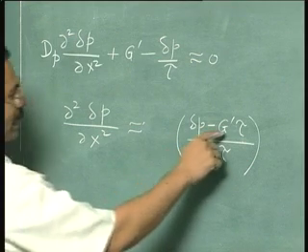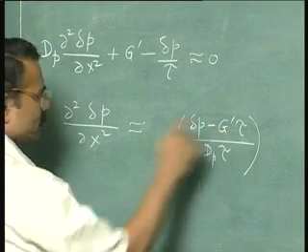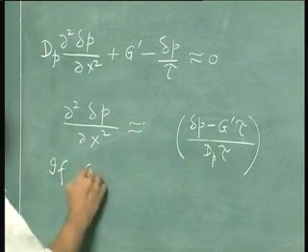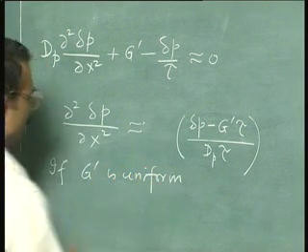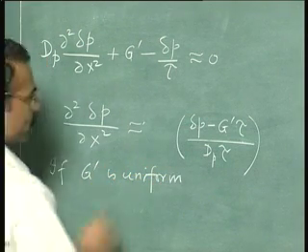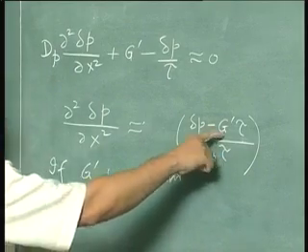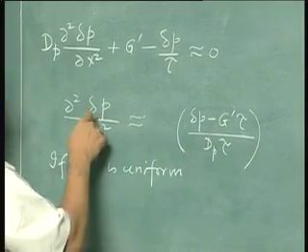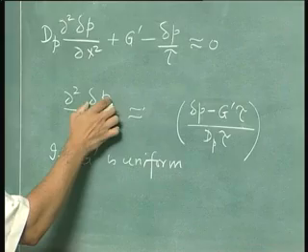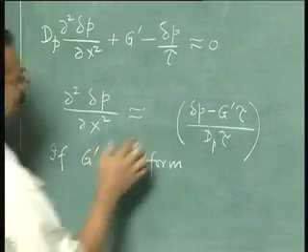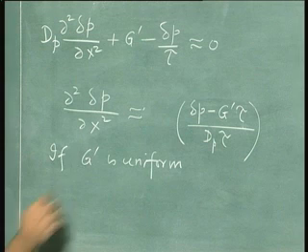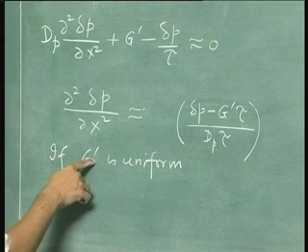Now we note that if g' is uniform, which means g' does not change with x, then we can replace this Δp by Δp minus g'τ, so that everything will come in terms of one variable, because the differential of g' with respect to x would be 0.